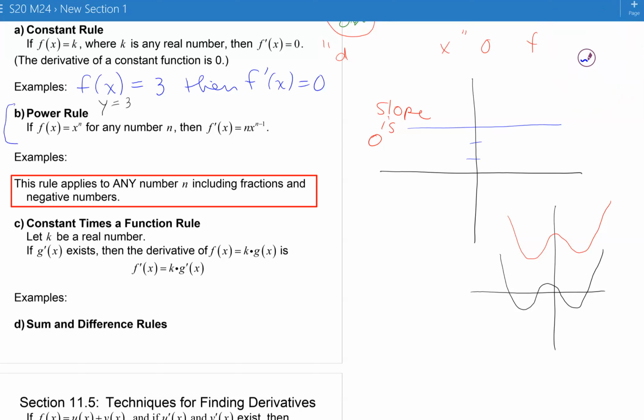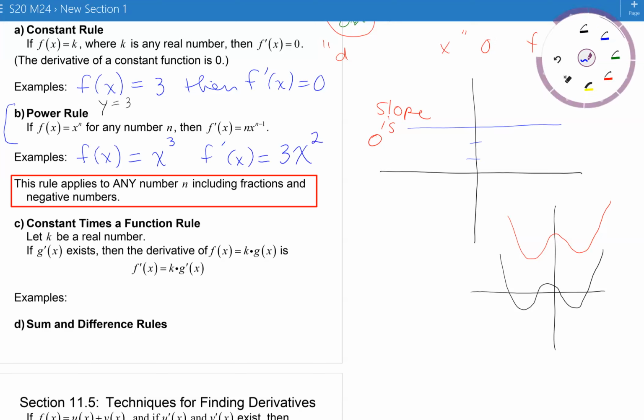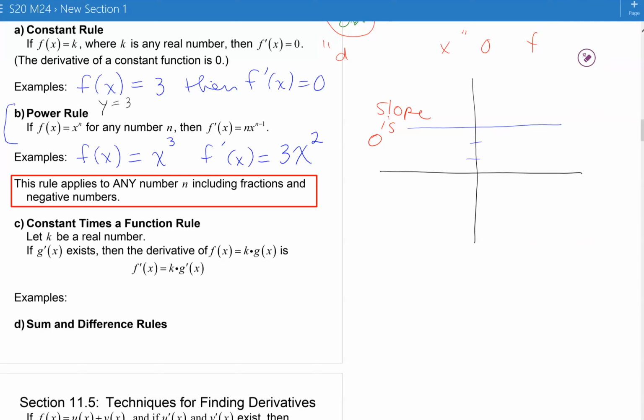So if I have x to the n for any number n, so suppose f of x is x cubed, then f prime of x is, bring that exponent down in the front, write the x to the new power 1 smaller.